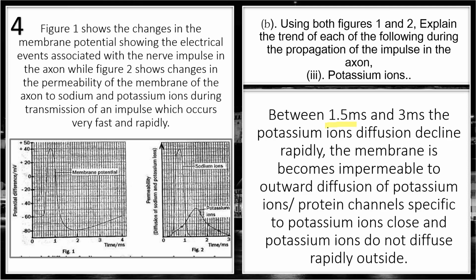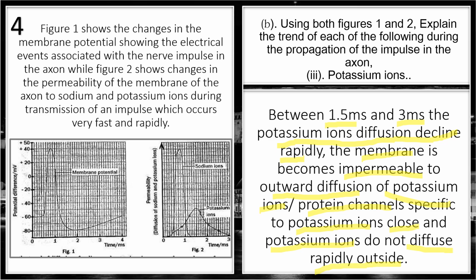Between 1.5 and 3 milliseconds, the potassium ion diffusion declined rapidly. The membrane becomes impermeable to outward diffusion of potassium ions, and the protein channels specific to potassium ions close, so potassium ions do not diffuse rapidly outside.